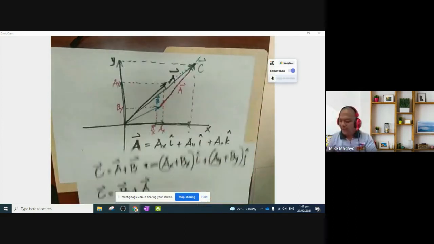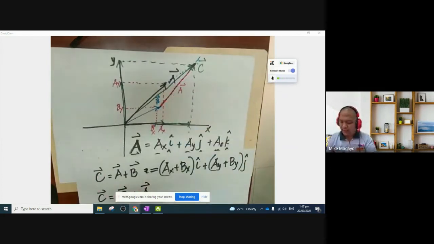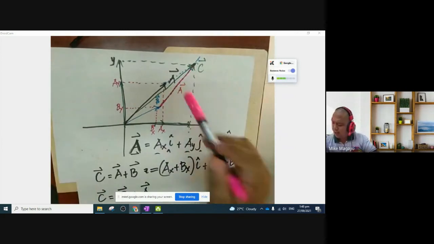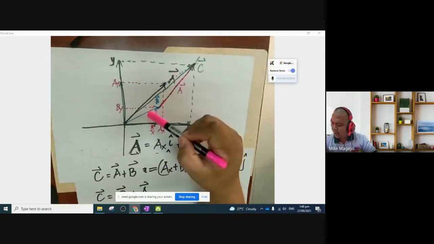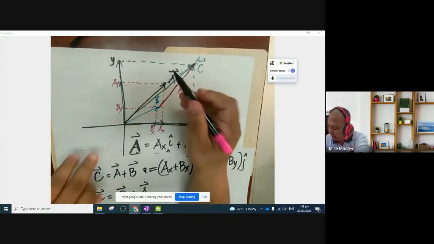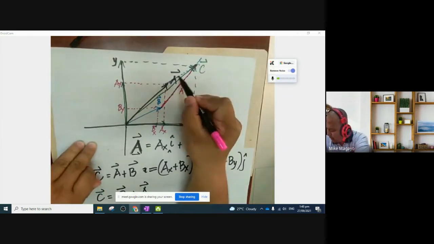Another way of looking at the illustration here is this extended line, which is basically the same length as vector B and has the same direction as vector B. In fact, this is equal to vector B.